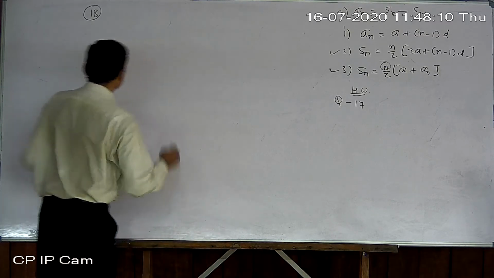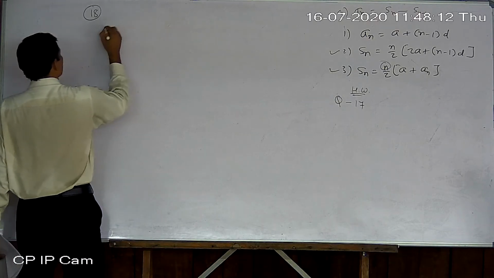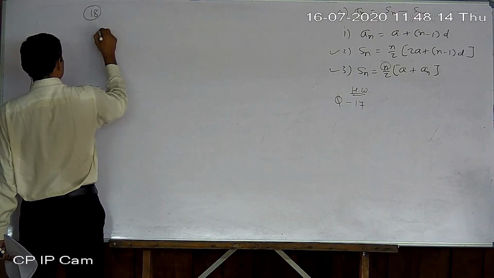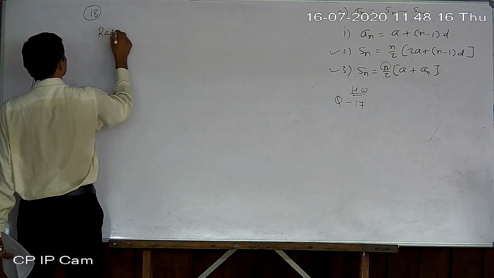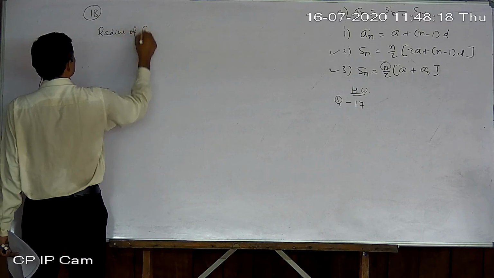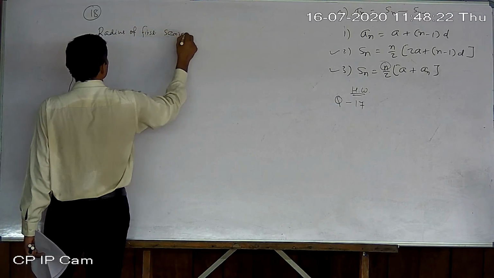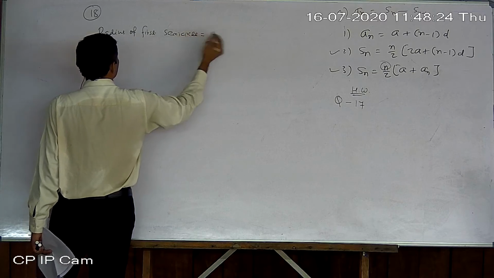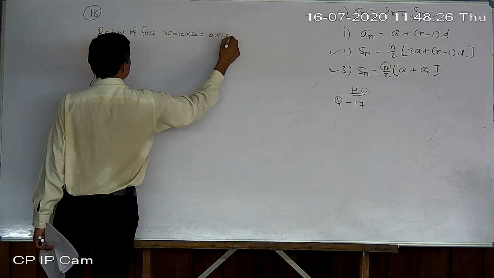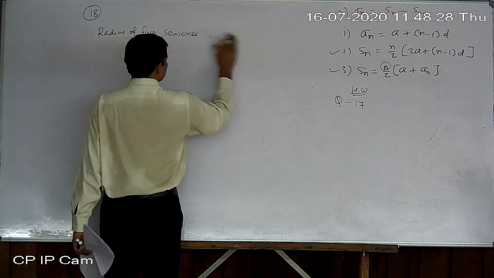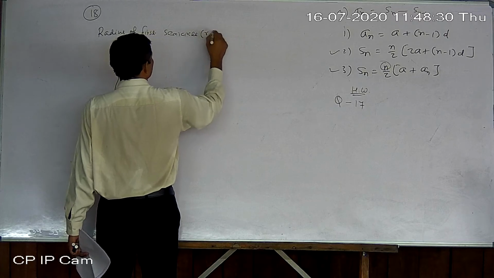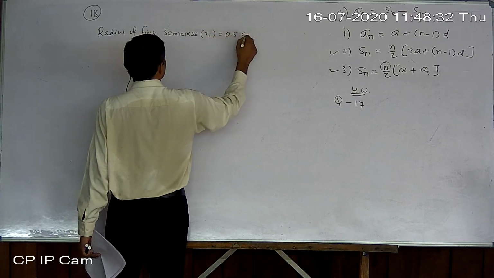Okay. So look carefully. The radius of the first semicircle is equal to 0.5 centimeter. Can we set R1 equal to 0.5 centimeter?